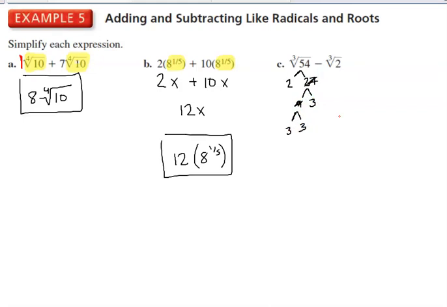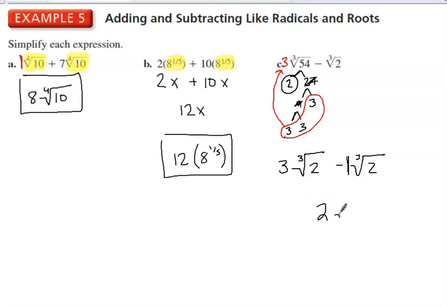So sure enough, I have a group of 3. So I get to bring the 3 out of the radical. So on the outside, I have a 3. And then underneath the cube root, I have whatever's left, which is that lonely 2, minus another cube root of 2. There is an invisible 1 here, so if we have 3 of them and we're taking away 1 of them, we get just 2 of those cube roots of 2.